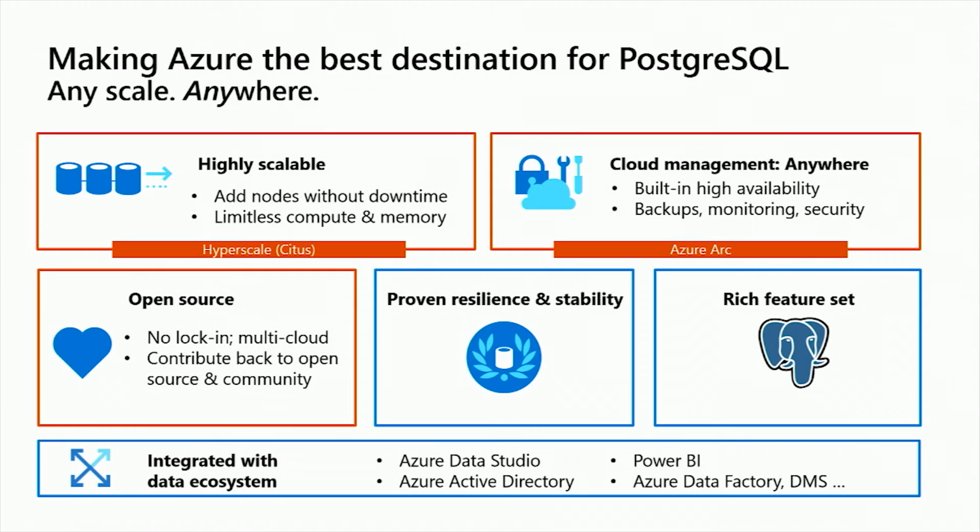And then we bring these cloud management capabilities really anywhere. Right? Not just on Azure. So we talked about any scale. Now we're talking about anywhere. And that's a very compelling open source Postgres experience. Both the community version that we're running and the Hyperscale Citus extension, they're all open and bring the picture together.